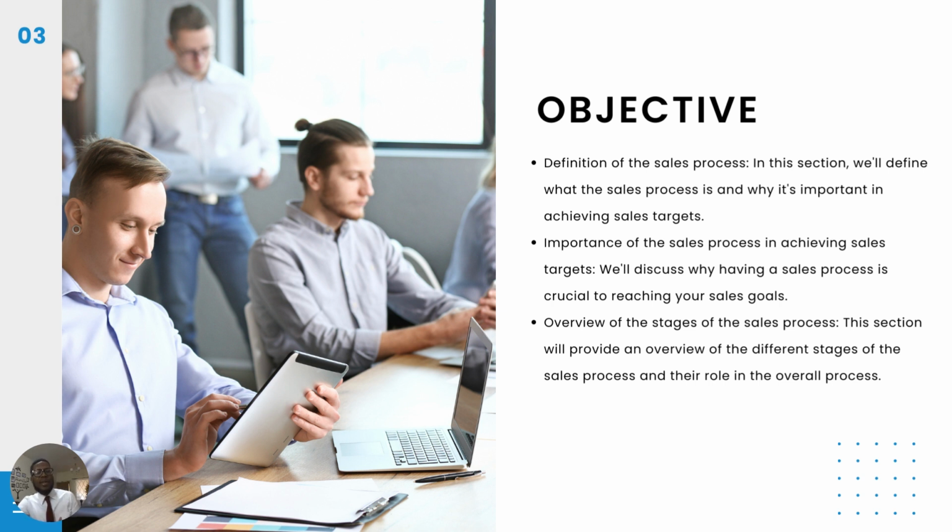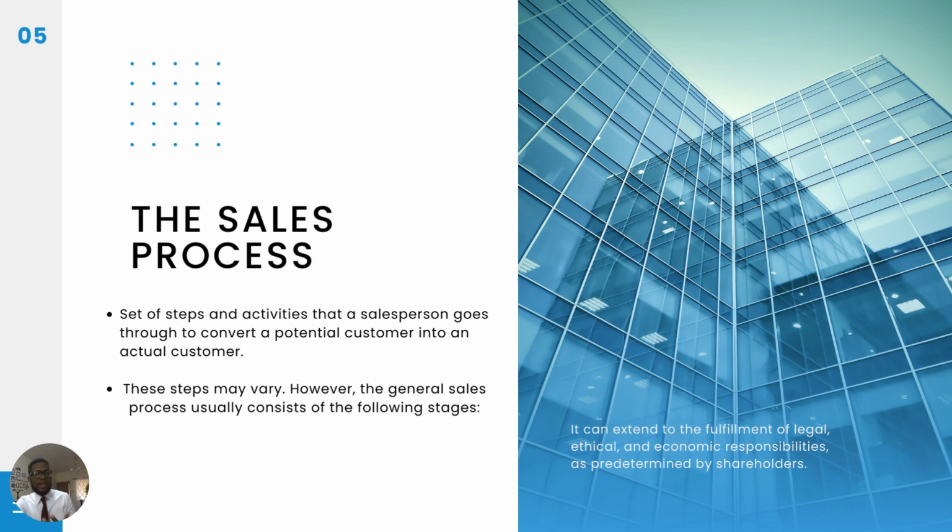But let us start with a definition, as indicated earlier, of the sales process. What is it? The sales process can be defined as a step or a set of steps and activities that a salesperson would go through to transform a potential customer or client into an actual customer. These steps may vary depending on your industry.